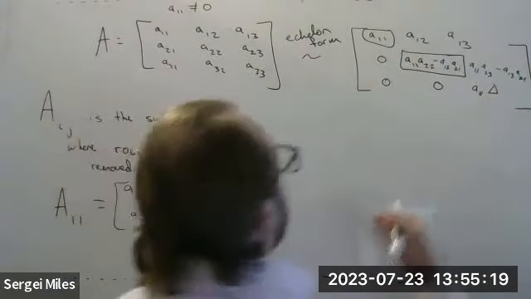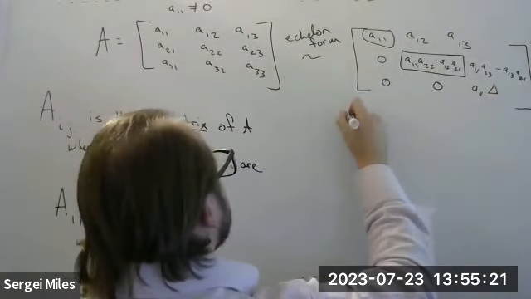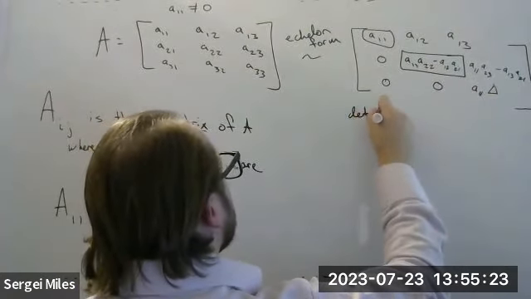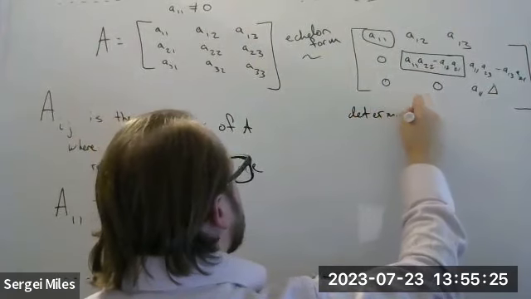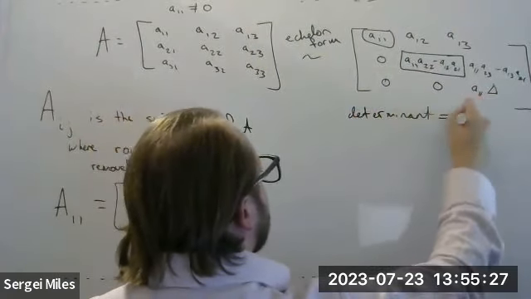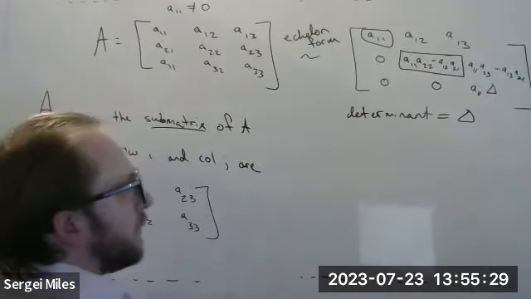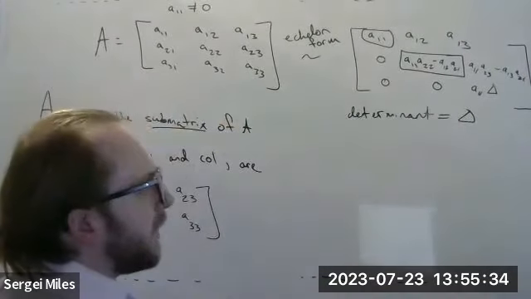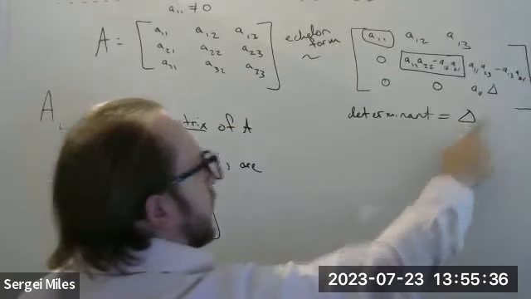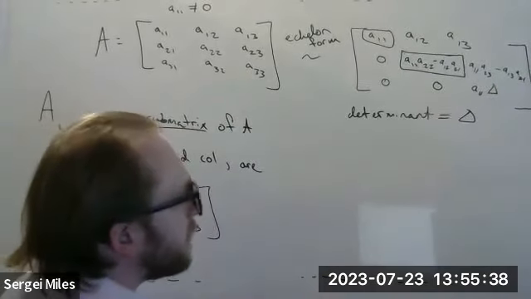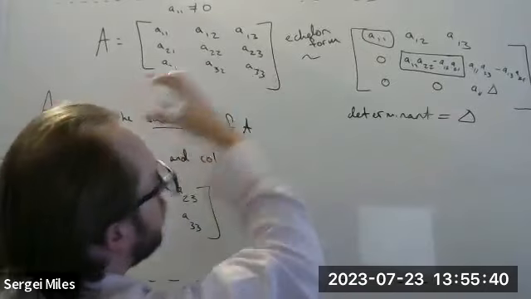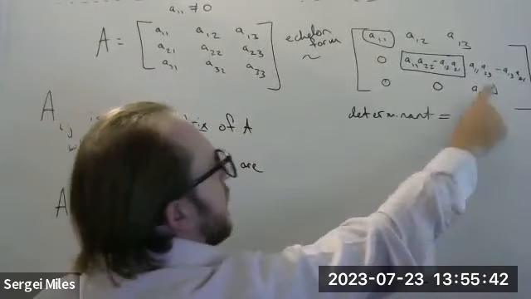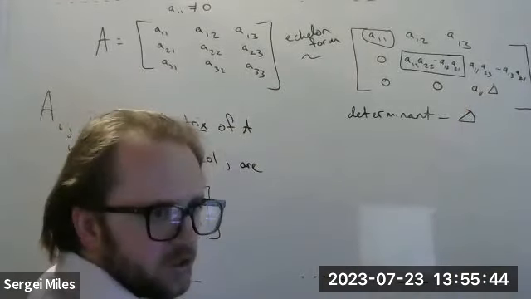Part of the point we're getting at is the determinant is whatever this delta is, right? Because I could just take this third row, divide the whole thing by A11, and I'm left with delta. So the determinant of the matrix is the result of row reducing the matrix, figuring out this last entry, right?